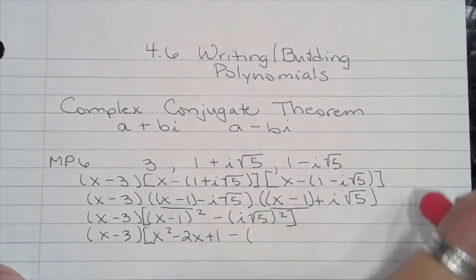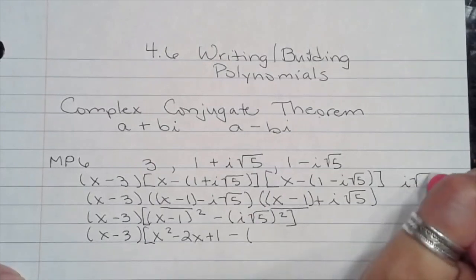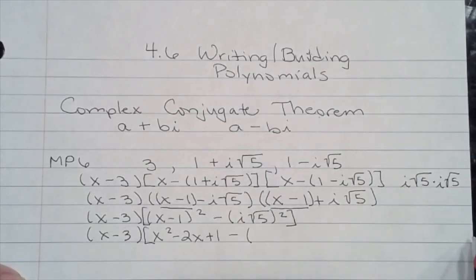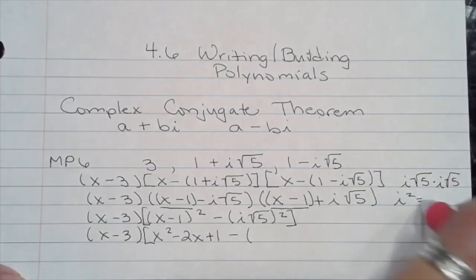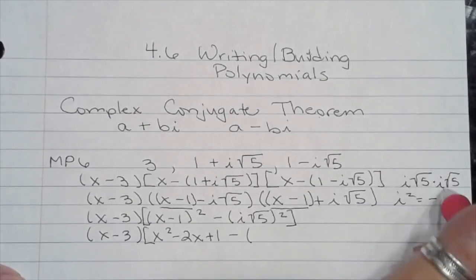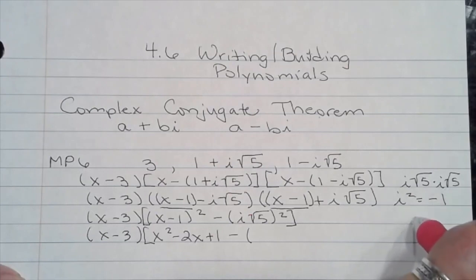Okay, let's write this part here on the side. It's really i square root of 5 times i square root of 5. If you remember from before, i times i is i squared, and i squared is always equal to negative 1. So this is negative 1 times the square root of 25, which is positive 5, and then there's a negative in front of it.